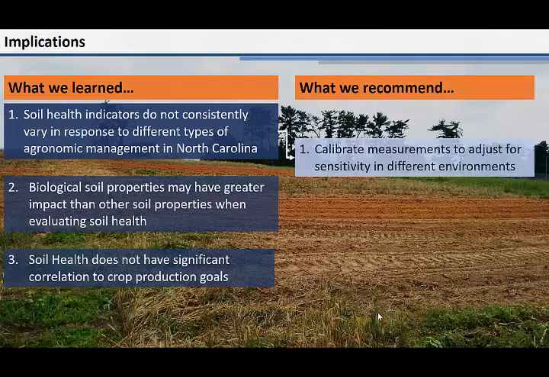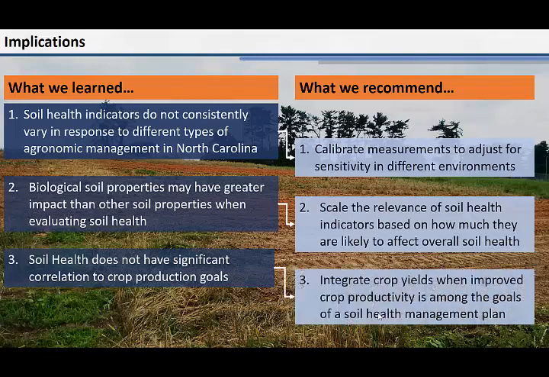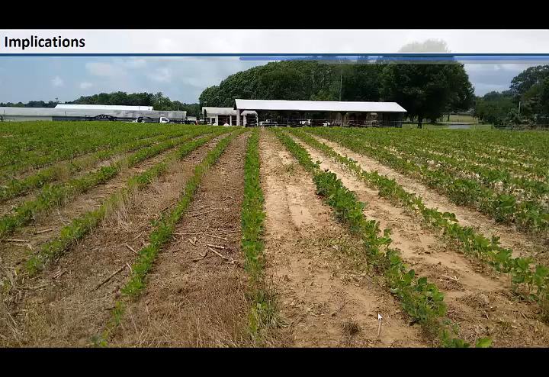Based on these results, we recommend calibrating measurements so that we can adjust for sensitivity in the measurements, and then scale the relevance of our soil health assessments so that we can know more about what we're getting from these data, and then integrate crop yields when that's an important part of what you're measuring for soil health. But I want to break everything down here and go with the overview of what I learned from this research as I was doing it.